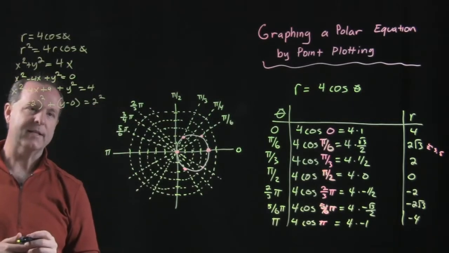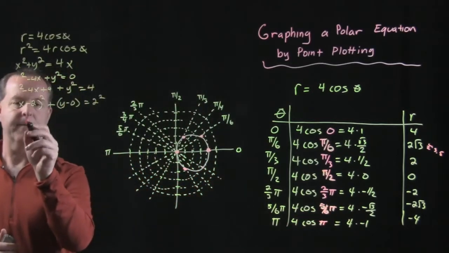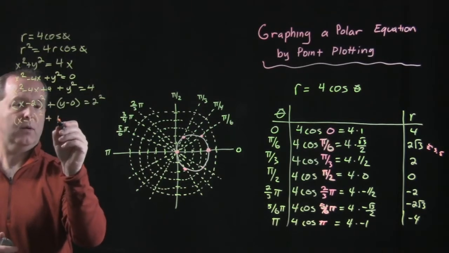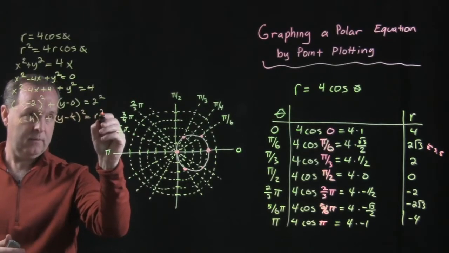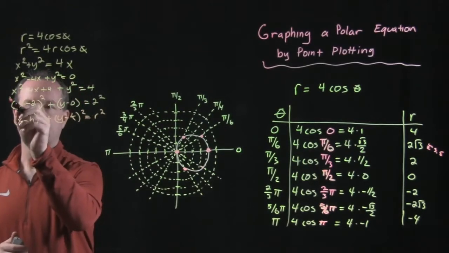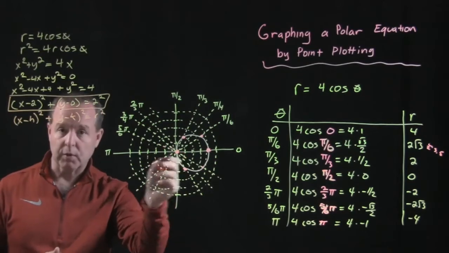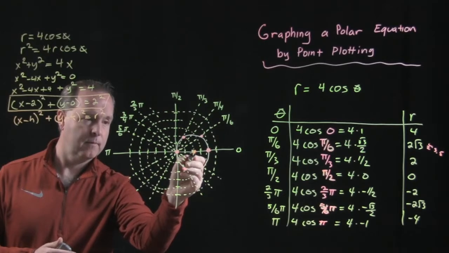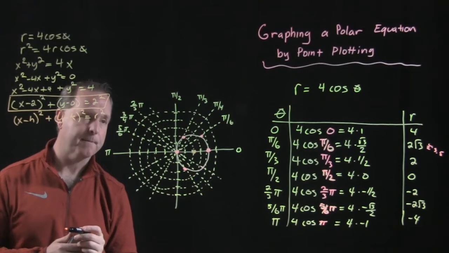Do you recognize the standard form of a circle, which was x minus h squared plus y minus k squared equals its radius squared? So if you're able to see that, then you're able to see that this equation represents the circle that we drew, where I have a center point at the point (2, 0), and every point is at a radius of 2 units distance away.